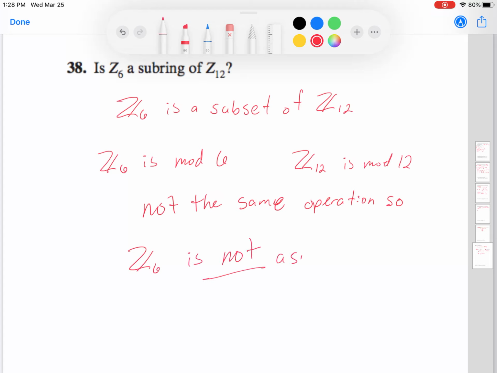So Z6 is not a subring of Z12. All right, that wraps it up for examples from chapter 12.